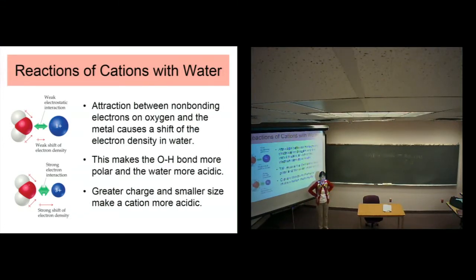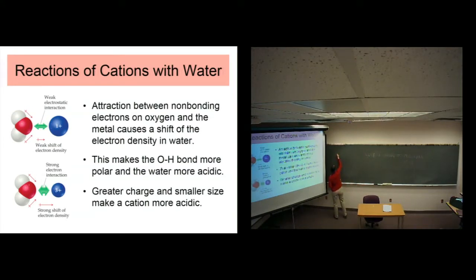Oh, okay, so now we can have a general rule that says cations from a strong base, let's put that up here, cations from a strong base have no effect. Nothing happens.